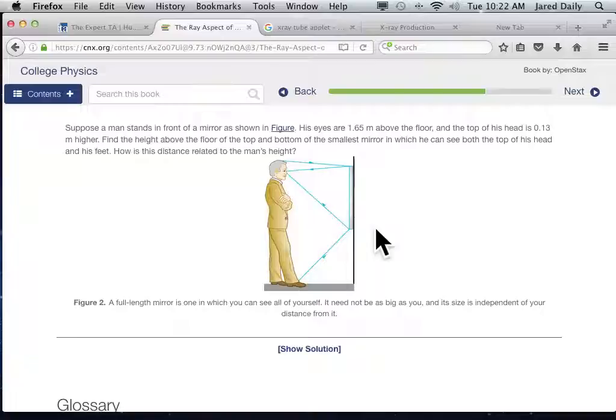You should be able to use this picture to determine that. This picture is physically representative of what happens with rays of light. It does show us precisely what happens.